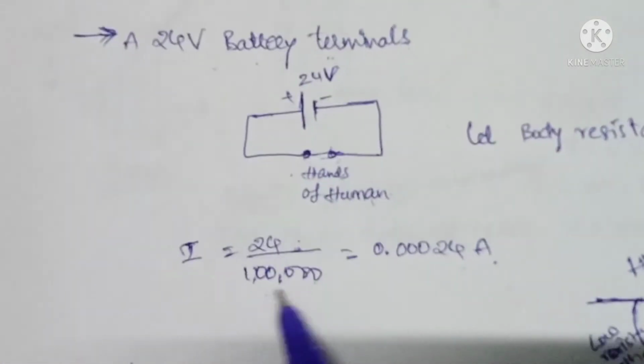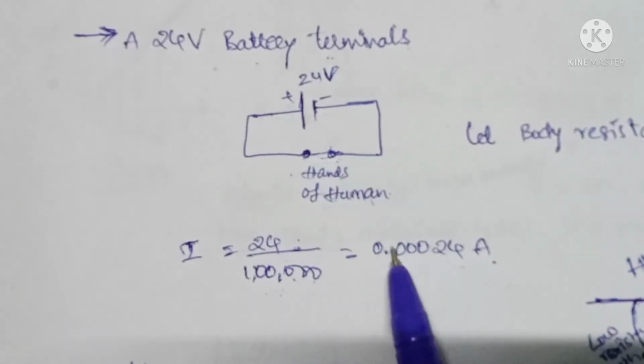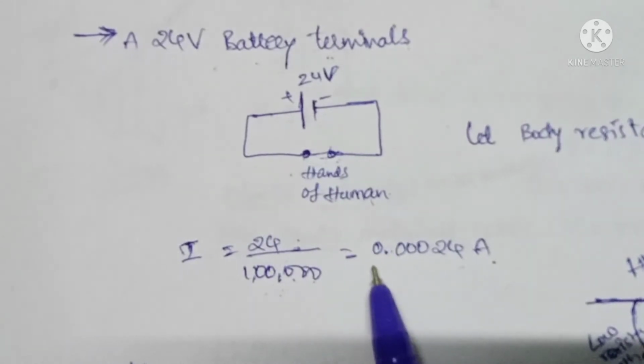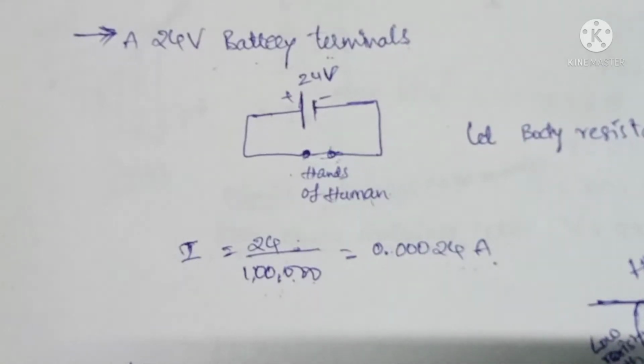Then the current flowing through our body is 24 volts divided by 1 lakh ohm, which is 0.00024 amperes. This is a small amount of current, and it will not affect the functioning of our organs.